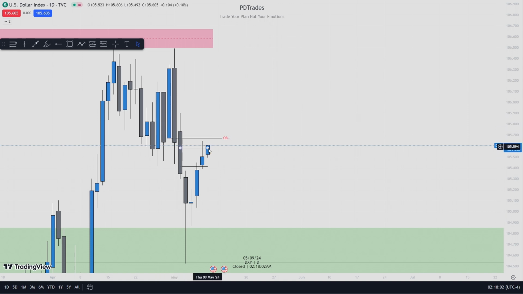I want to see what price does before 8:30. Does it rush to this order block and use the news to make that retracement, because it has been bullish, so you need to at least have a breather. So I don't know. Let's go to the 4-hour.